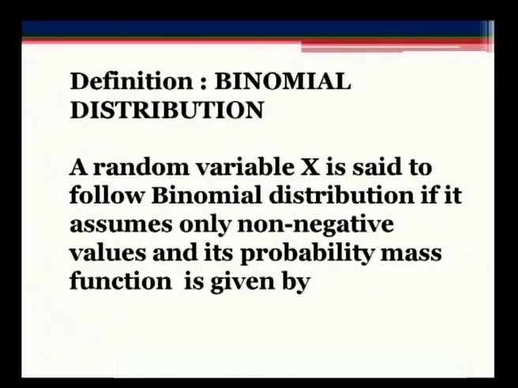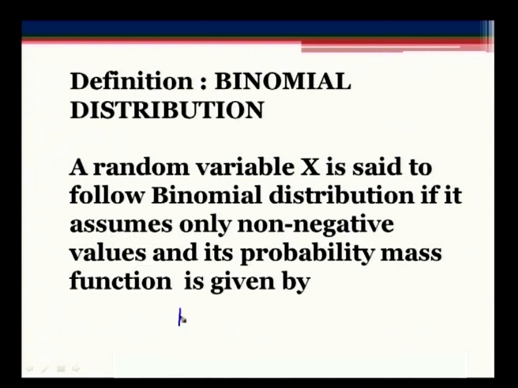So, using addition theorem of probability, the PMF of binomial distribution: a random variable x is said to follow binomial distribution if it assumes only non-negative values. Non-negative values means it depends on the number of trials.